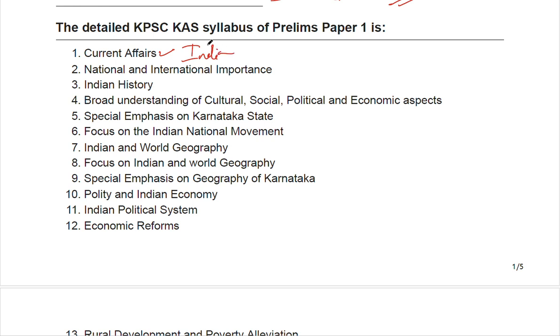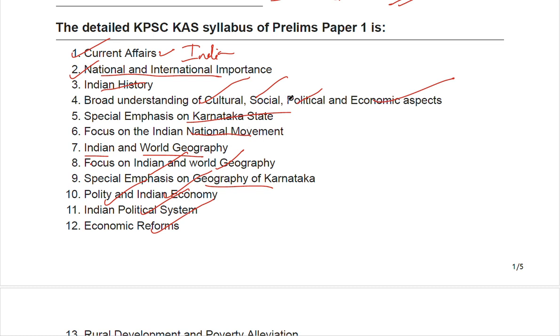So they are going to ask you about current affairs of national and international importance, Indian history, broad understanding of cultural, social, political and economic aspects, special emphasis on Karnataka state, focus on the Indian national movement, then Indian and world geography, special emphasis on geography of Karnataka, polity, Indian economy, Indian political system and economic reforms.